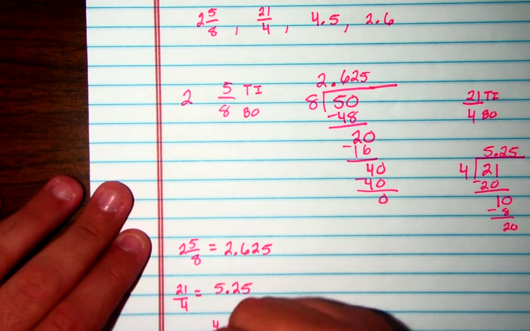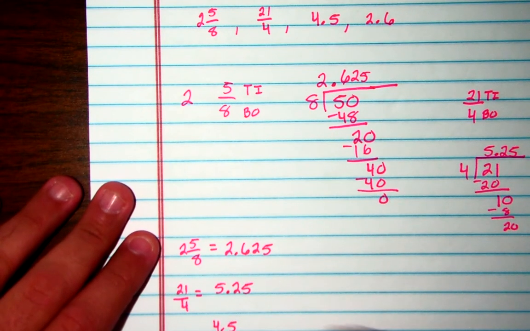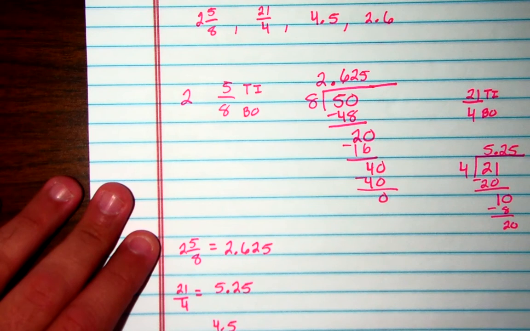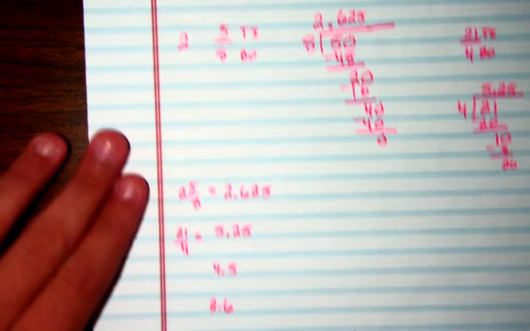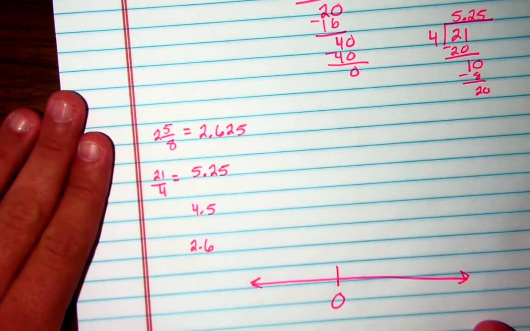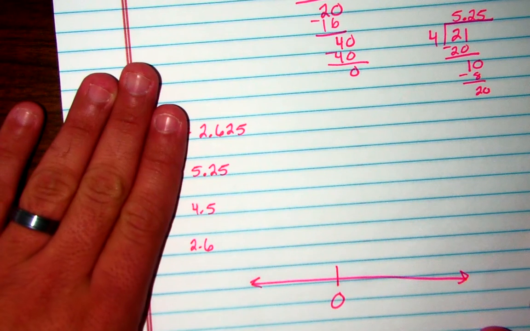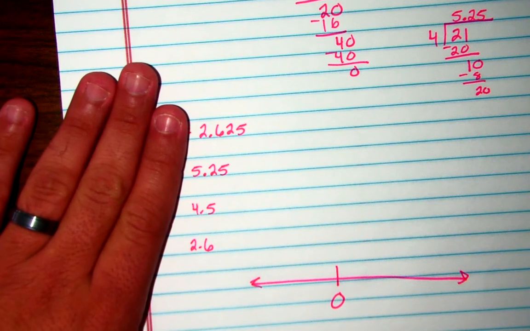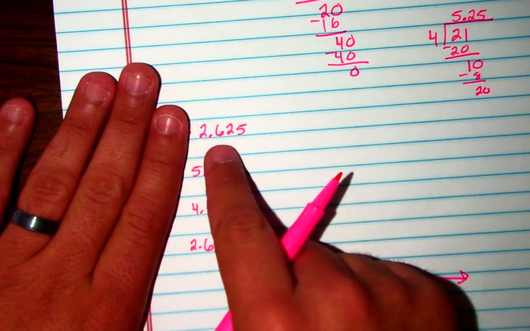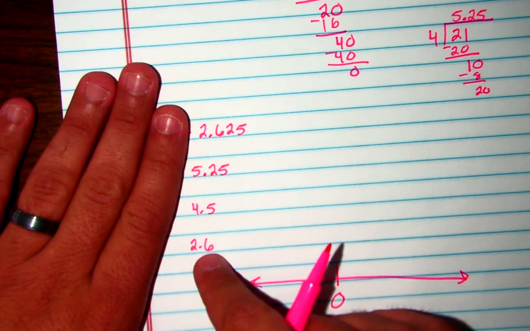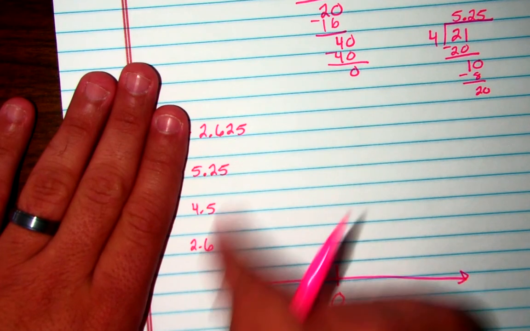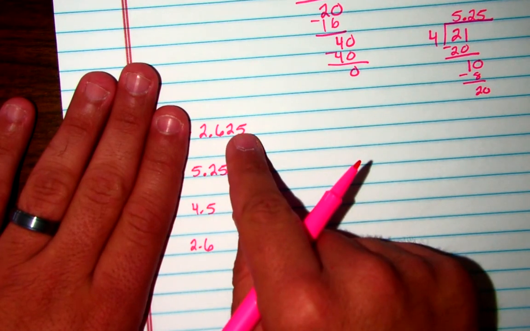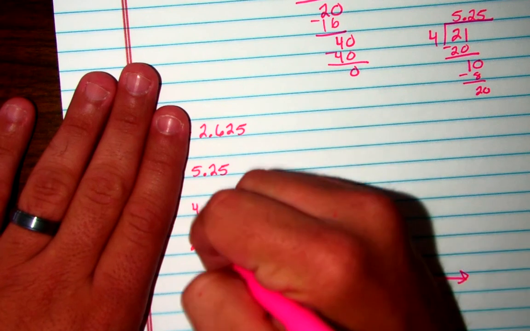And now let's put them on a number line. Okay, so there's my number line. What's my smallest decimal I have? Well, some of you are saying it's between 2.625 and 2.6. Well, notice this has 2 extra numbers, right? If you want to, you can add 2 zeros back here.